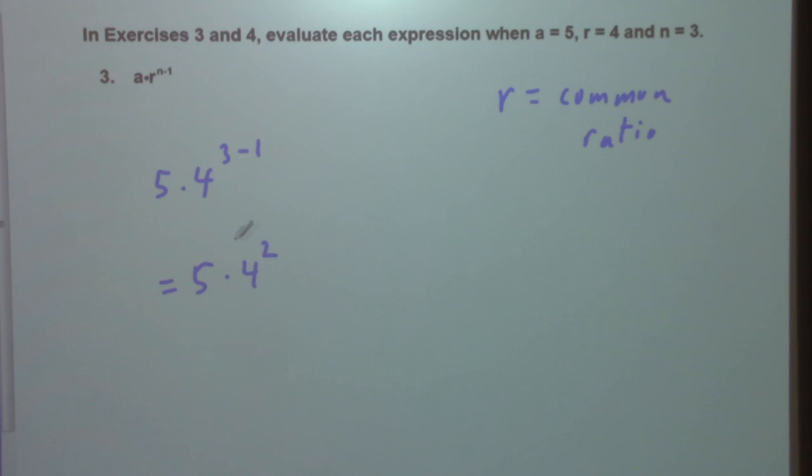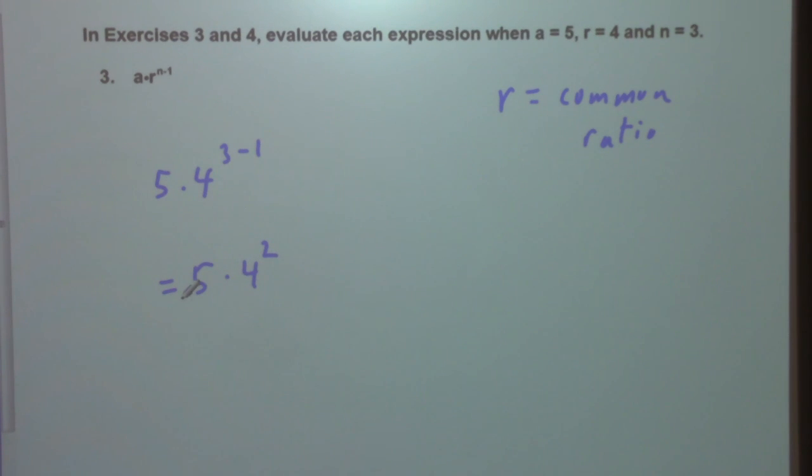What does this thing here remind you of that we covered a little while ago? Who said exponents? Yeah, this is like an exponential function, right? This is your initial value, this is your base, and this is your exponent.